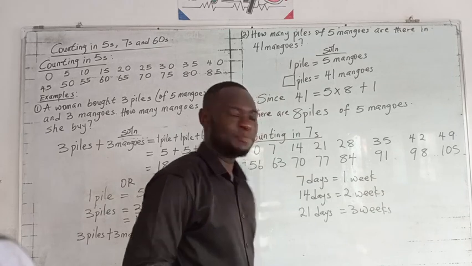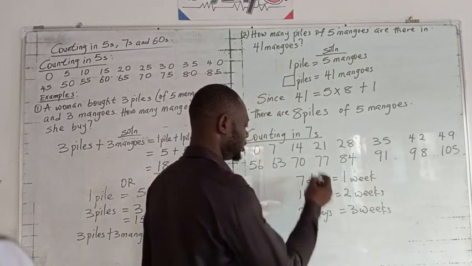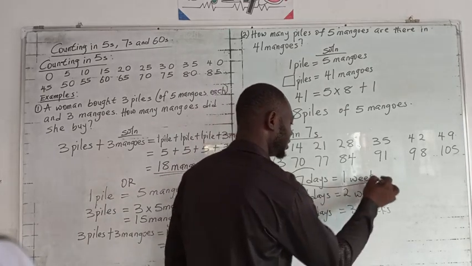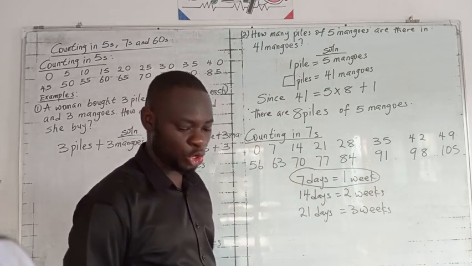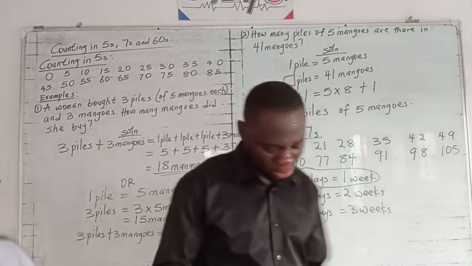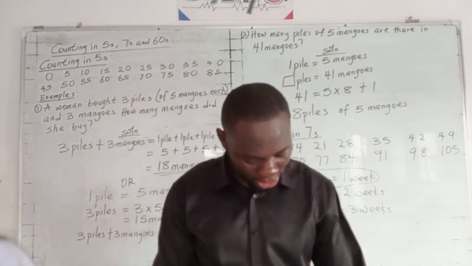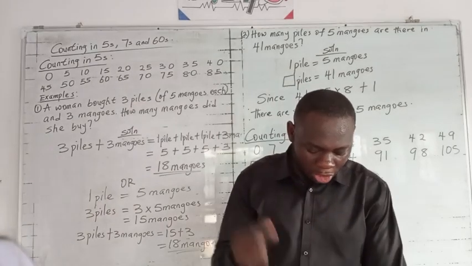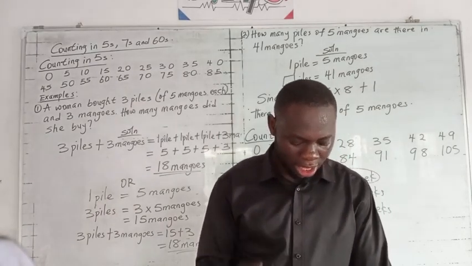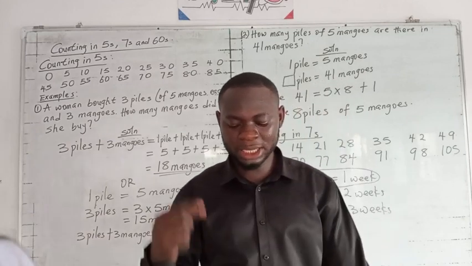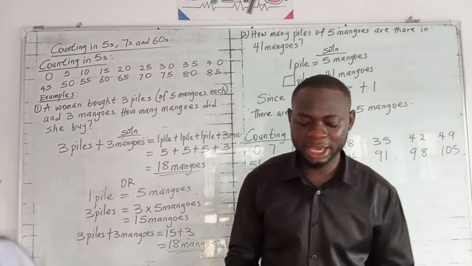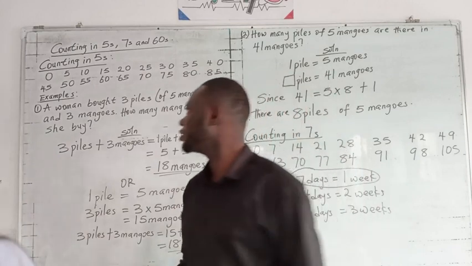But where we are going to have our focus is in the basic, which says that 7 days makes 1 week. Now let's look at this question. The question says, how many days are there in 4 weeks?